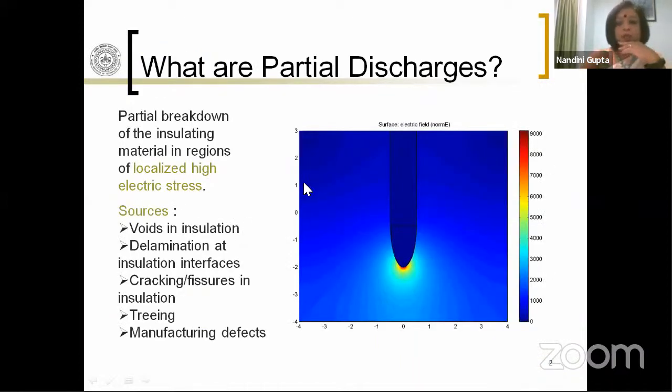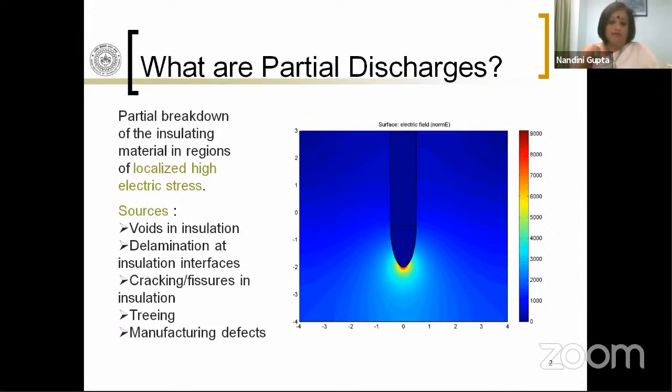When we talk about partial discharges, the first thing that we need to talk about is what is breakdown. Yesterday, there was a question, what is the difference between breakdown and surface flashover? A more pertinent question would be, what is the difference between partial discharges and breakdown?